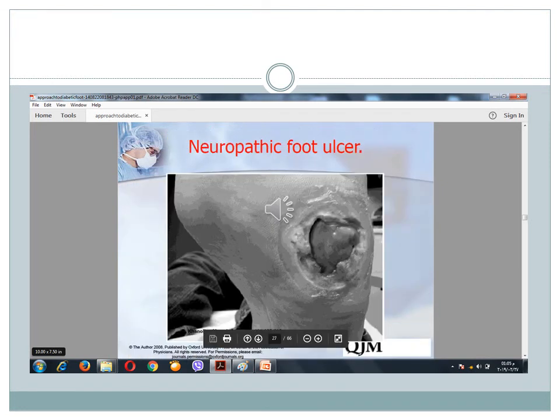This is a typical picture of a neuropathic foot ulcer, where there is an ulcer overriding the bone deformity of the foot. A foot ulcer, when it is neuropathic, is not terminal, not at the toe.